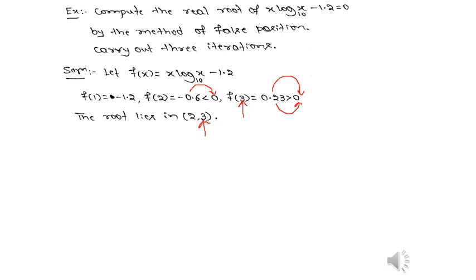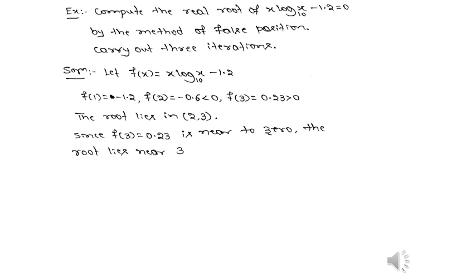Now we take one value which is near to 3 and between 2 and 3, that is 2.9. Since f of 3 is this near to 0, the root lies near 3. So we have taken 2.9, which is very near to 3, and check the sign of this functional value.